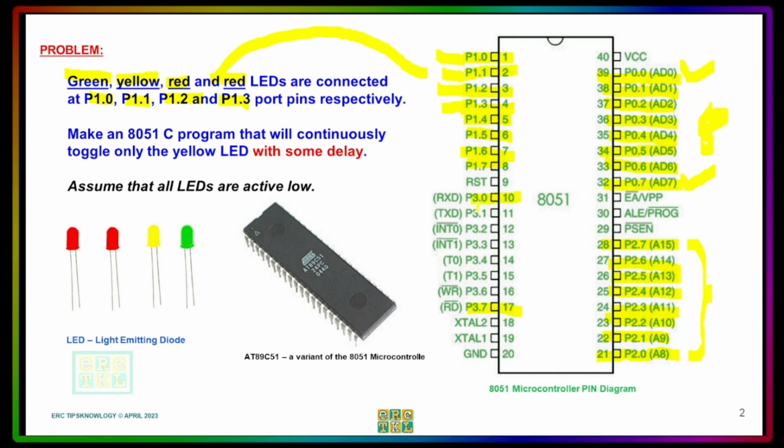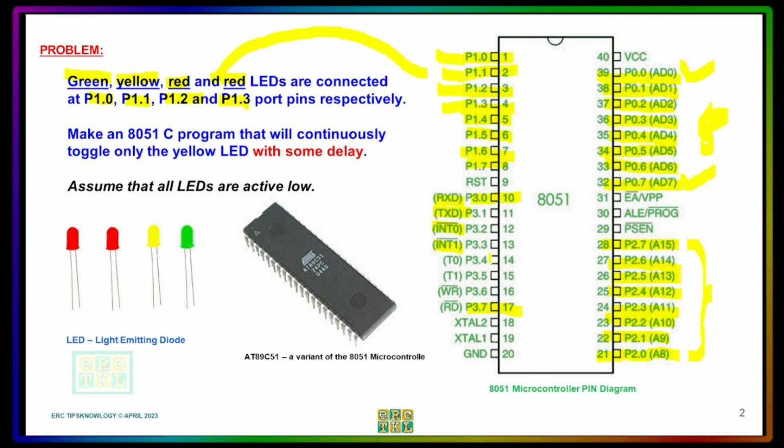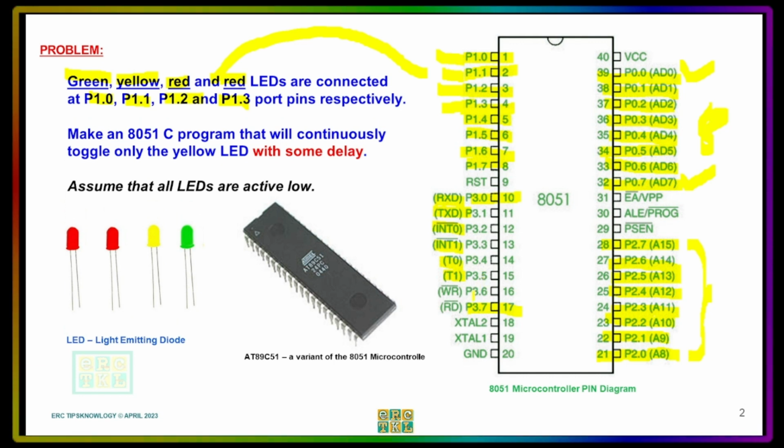For example, P3.0 can be used for receive, RXD, and 3.1 is TXD or transmit. Interrupt 0 and interrupt 1 are on P3.2 and 3.3. Timer 0 and timer 1 are on 3.4 and 3.5. The write signal will be on 3.6 and the read signal will be on 3.7.